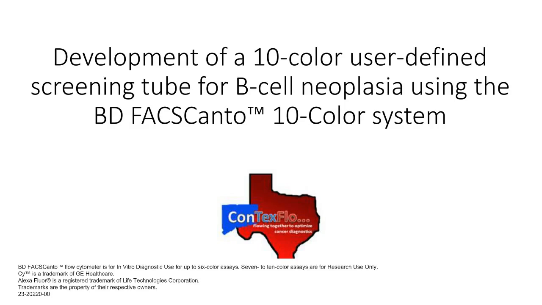Our next question is from Dr. Dorfman. Did you consider adding CD23 and CD11C to the tube? We didn't. Our goal here was really to make more of a global screening tube, and so neither one of those was really entertained as a first-tier antibody.